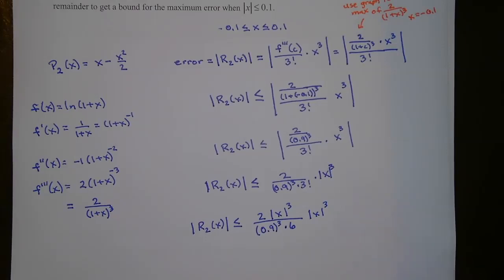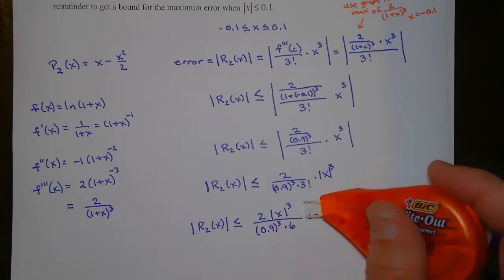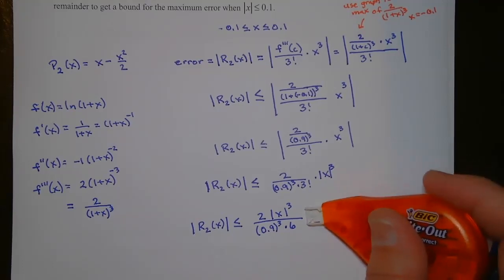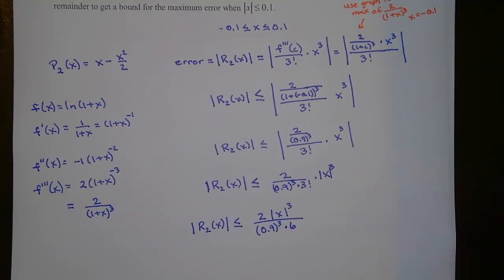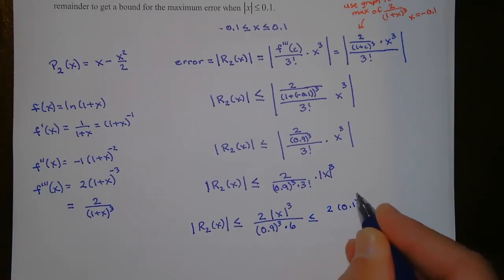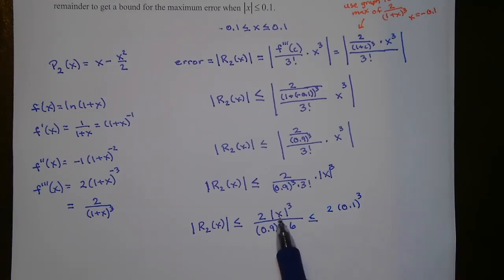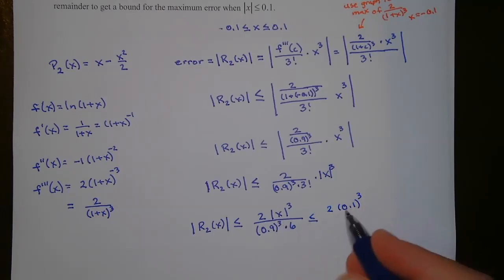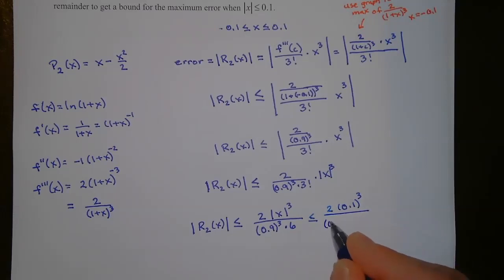I accidentally put the absolute value of x twice, so let's erase this one. What I'm saying is that this is less than or equal to 2 times 0.1 cubed, because the absolute value of x has to be less than 0.1, over 0.9 cubed times 6.